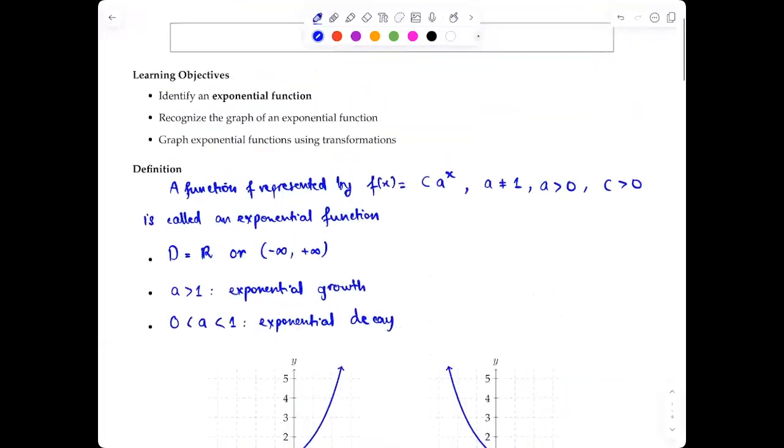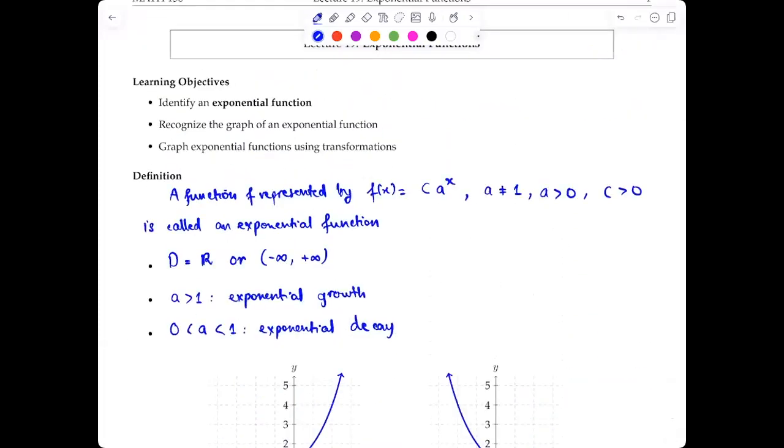Now let me go back to the conditions one more time. I want to specify that A is different from 1. If A is equal to 1, then 1 raised to the power x is going to be 1. Then the function becomes a constant function. It's no longer an exponential function. So we have to include the condition that A is different from 1.